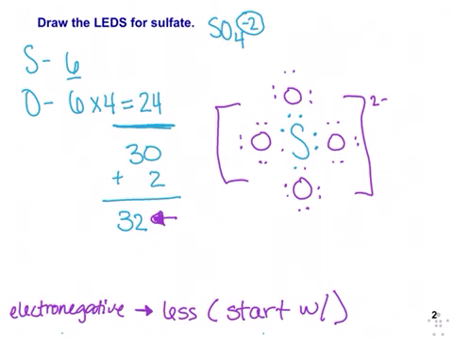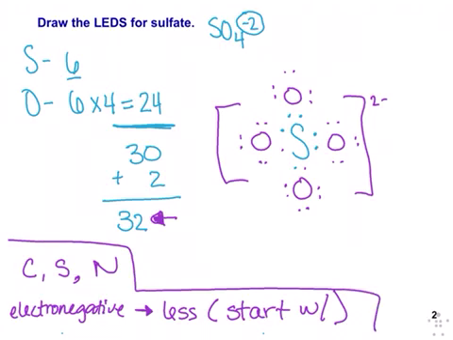Generally, carbon and sulfur will almost always be central atoms. Nitrogen might be another good one there. That might help with the rest of our assignment today.